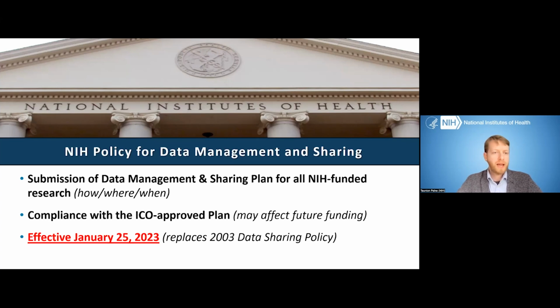And it requires compliance with the version of the plan that the institute, center, or office that is funding the research approves. And we do say that compliance with that plan can affect future funding decisions, and Cindy will say a bit more about that later.